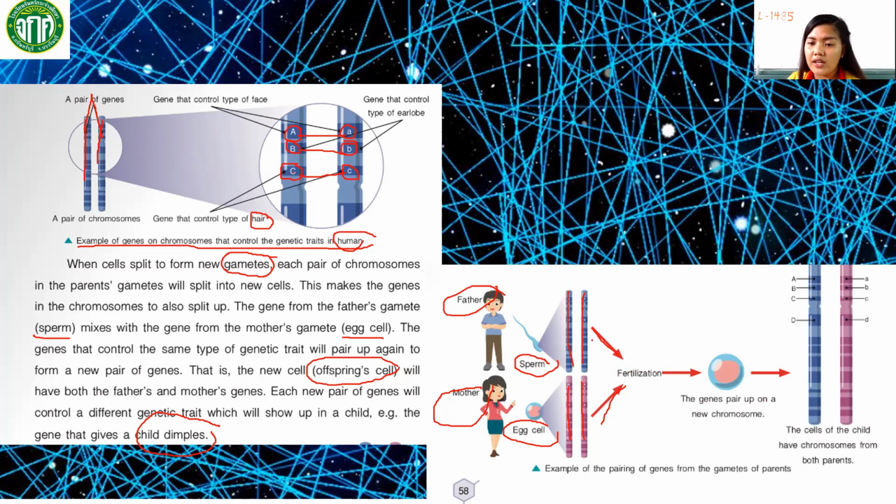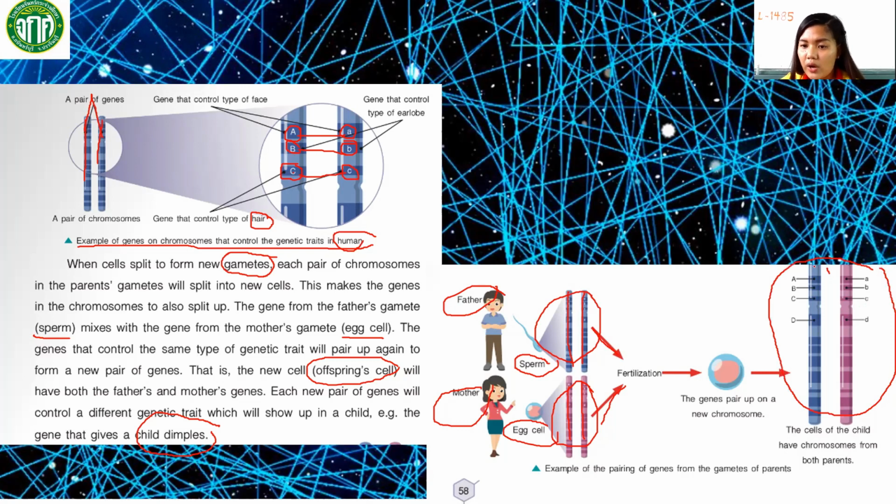So that is why this chromosome will split, and this one will also split. And then they will form a new chromosome. This will be the chromosome of their offspring, or their baby.